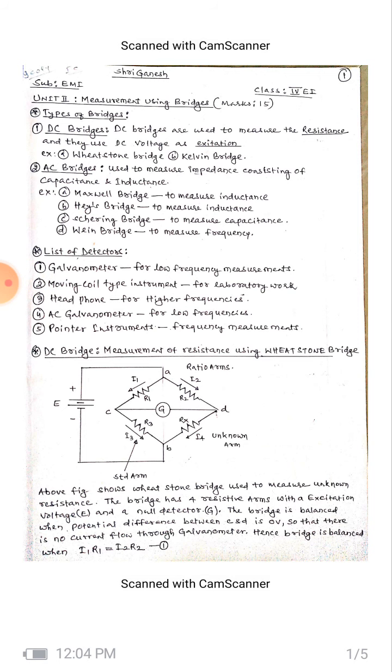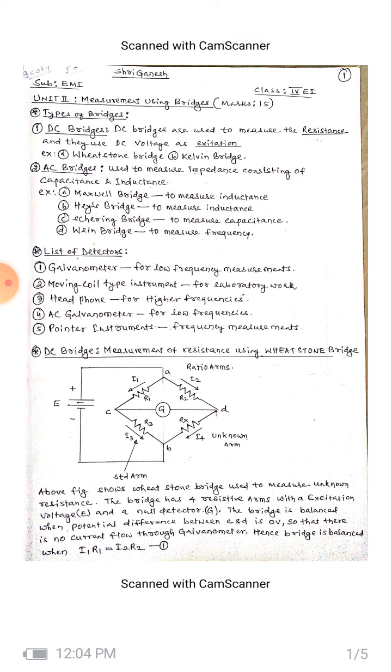Next we are going to discuss the measurement of resistance using Wheatstone's bridge. It is a DC bridge which is used to measure the resistance value. As you can see in the diagram, there are 4 resistive arms: R1, R2, R3, and instead of R4 we have taken Rx, the unknown resistance.